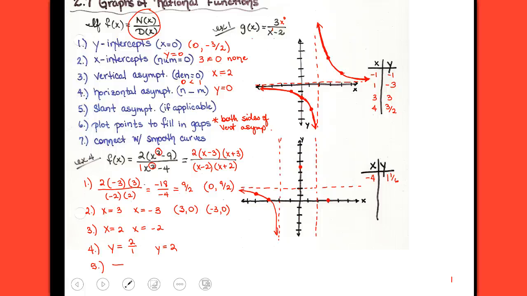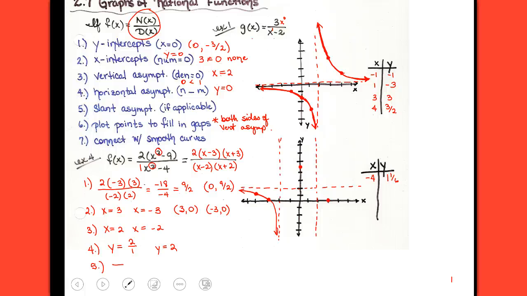Earlier in the year, we talked about even and odd functions in symmetry. They don't talk about it here in our textbook at this point, at least they don't go into great depth about it. But if you were to recognize that this was an even function, right?